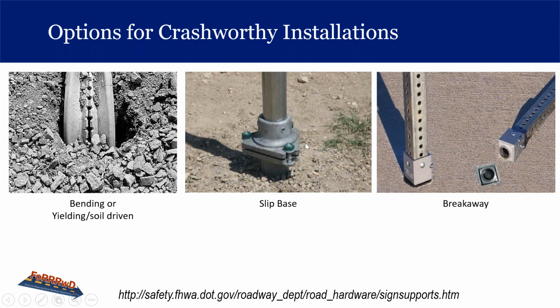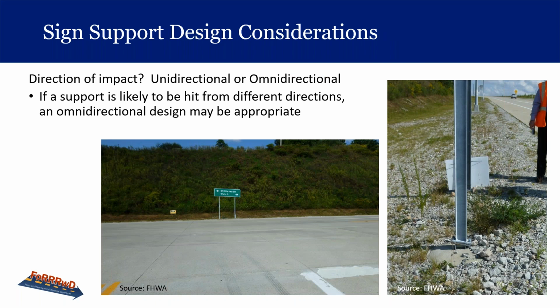If it's hit at a certain strength, then it breaks, and then it yields. And in the bottom right is the breakaway design, of which there are many, generally a small coupling device or a necked down bolt. So these are the 3 different types of crash-worthy installations that are listed in MASH. You can go to the MASH guide for more information on those 3.